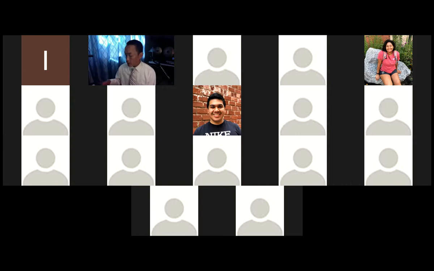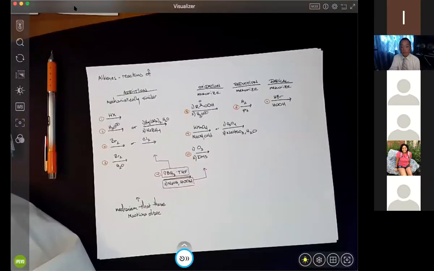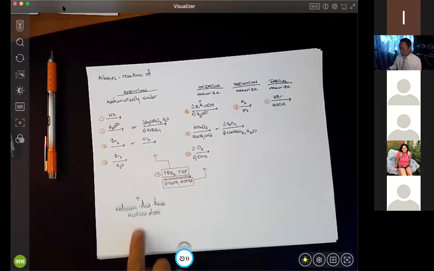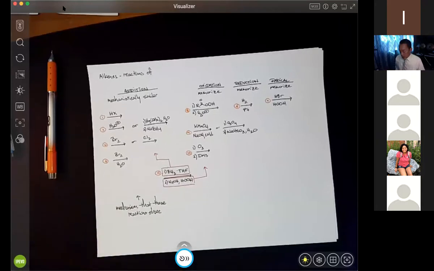The mechanism that these all share, and I'm pointing to the paper here, you can't see that, but let's take a look at the mechanism that all of these things do in fact share. So again, reaction mechanism for all of these.